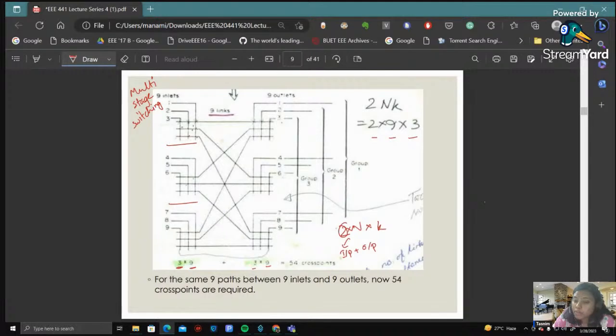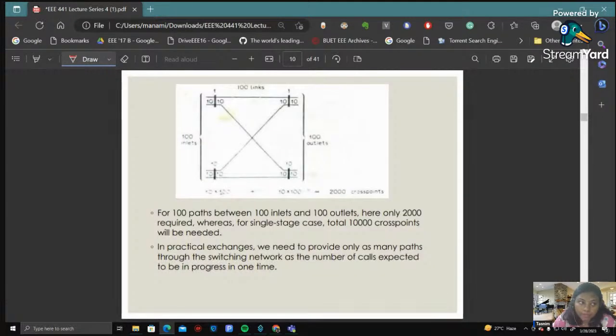N is the number of lines provided, and K is the number of chunks. So this is 54 cross points. We came from single stage 81 to multi-stage 54.